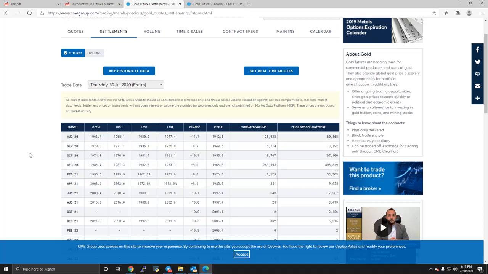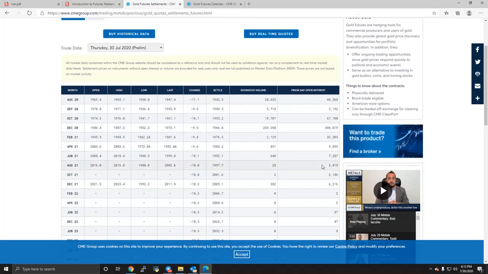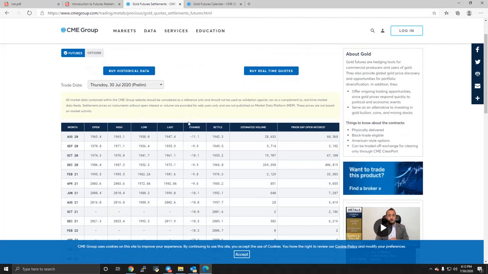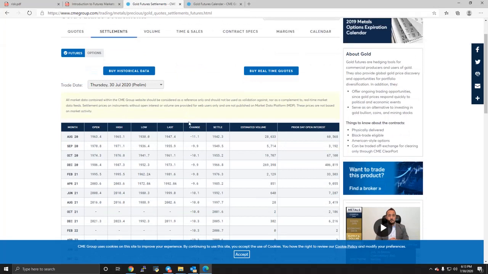And September and October for gold are just not as actively traded as August and December might be. So that kind of gives you an overview of what you're looking at on a settlements page for any futures market, really, and in this case, gold.